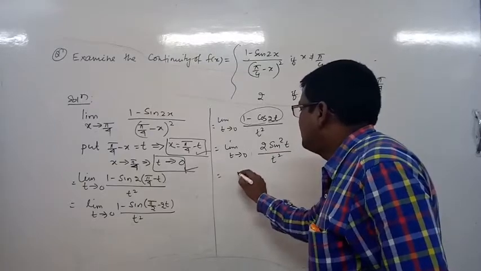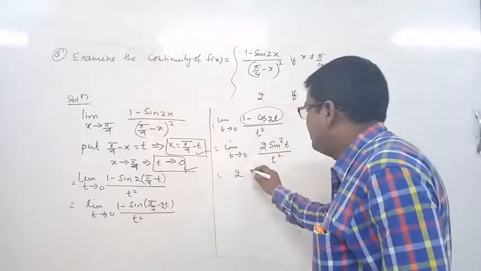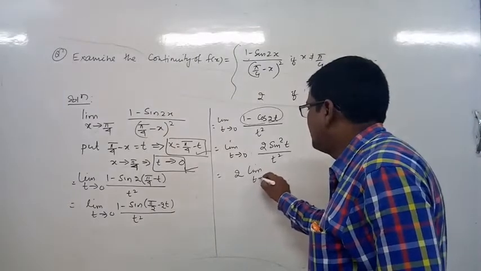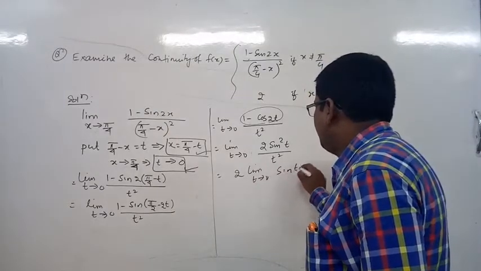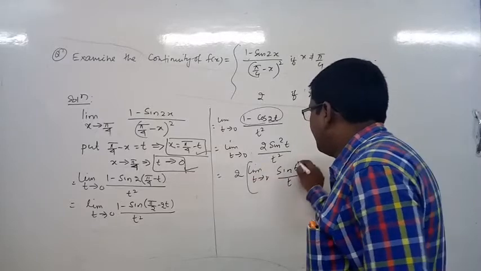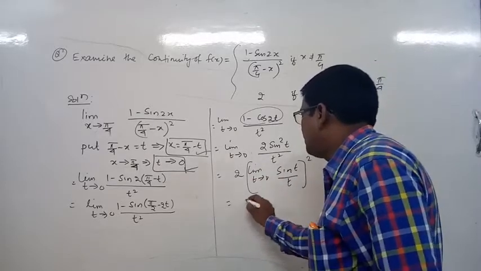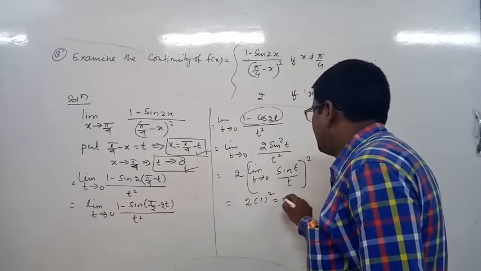So taking common, this is limit t tends to 0, sin t by t whole square, and this is equal to 2 into 1 square, which is equal to 2.